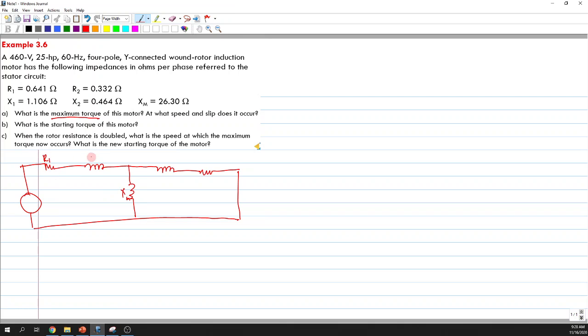So R1, X1, X2 and R2, where this is R2 over S. This is the voltage, and we want to find the Thevenin equivalent from here, VTH and also ZTH. This is the first thing that we need to do.